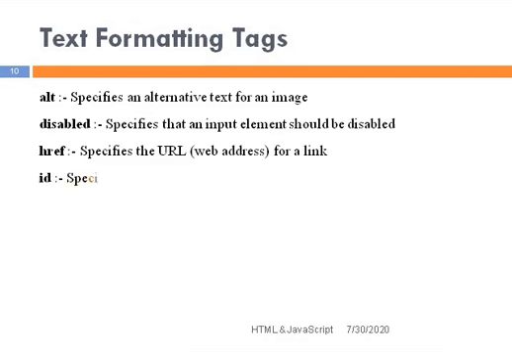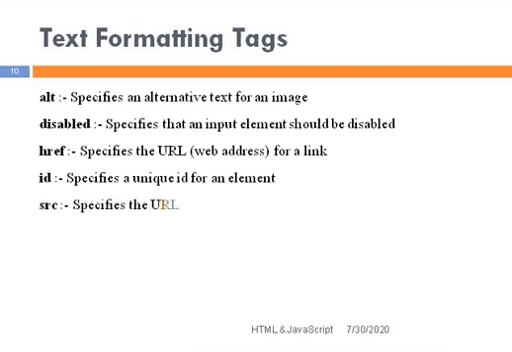Okay. The next formatting tag is the ID. It specifies a unique ID for an element. Okay. So this tag is mainly used to provide IDs to the element so that those IDs can be used for future reference in any process or a task which can be given in your web page. Now next tag is the SRC.